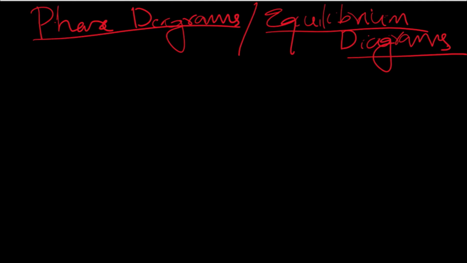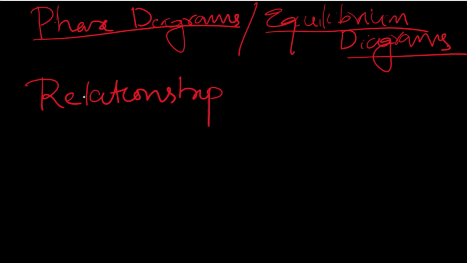Okay. So phase diagrams or equilibrium diagrams are diagrams which represent the relationship between phases. I will explain that.